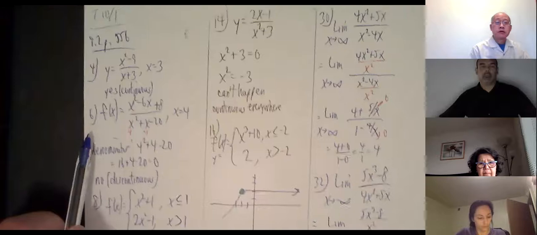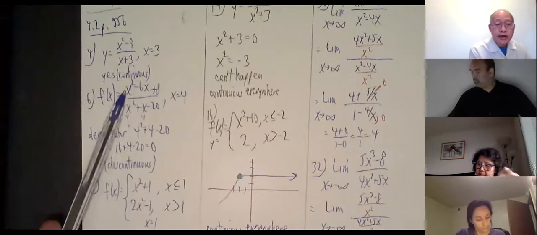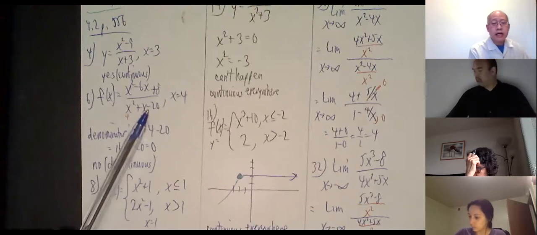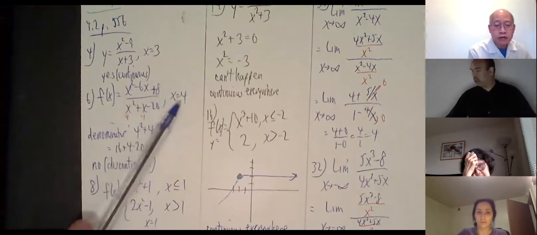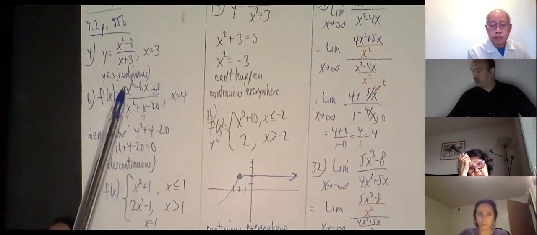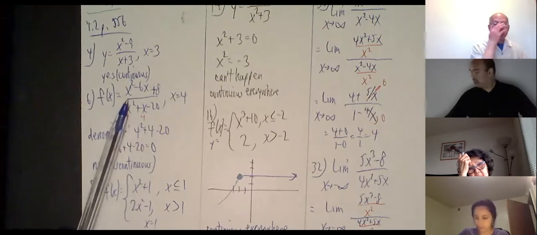Okay, now, number 6. Okay, they give you x squared minus 6x plus 8 over x squared plus x minus 20. And they're asking, is it continuous at x equals 4? So just like this one, I'm going to plug in 4 only to the denominator. You don't really care about the numerator. The numerator can come out to be anything. But remember, for fractions, the denominator is not allowed to be 0. So do I get a 0 in the denominator?